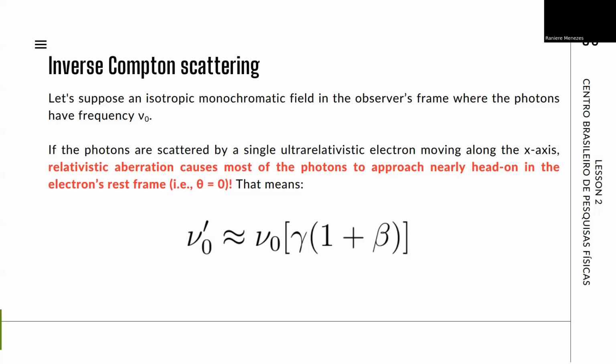So if the photons are scattered by a single ultra-relativistic electron moving along the x-axis, relativistic aberration causes most of the photons to approach nearly head-on in the electron frame. Okay. I think you like it, no? It looks like you like it. Yes. So they will approach basically head-on. We are considering an ultra-relativistic electron.